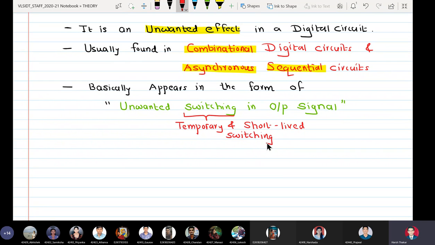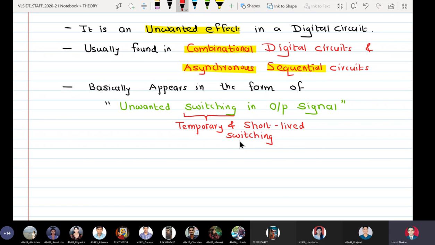It is a temporary and short-lived switching, something like in power electronics or in the mains we have transients coming. Suddenly a high voltage will come, but it does not exist forever. It occurs for a few microseconds only. Similarly, when the digital circuit is supposed to have an output equal to 1, it goes to 0 for some time. That is one example of a hazard.